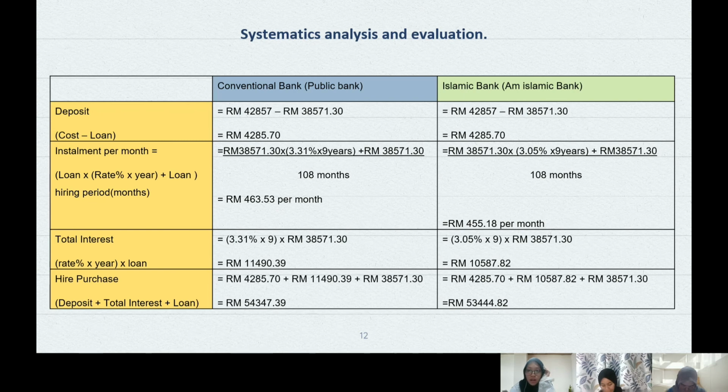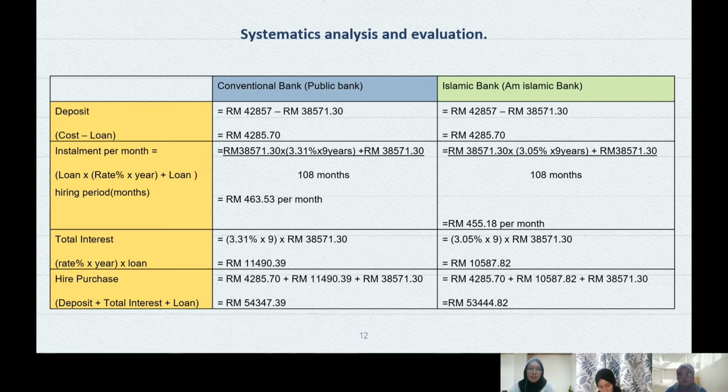In this calculation, we can see the deposit was the same, and to get the amount of 35,571 and 30 cents, we have to multiply by 90% because the bank will give 90% of the loan, but the rate of each bank was different.